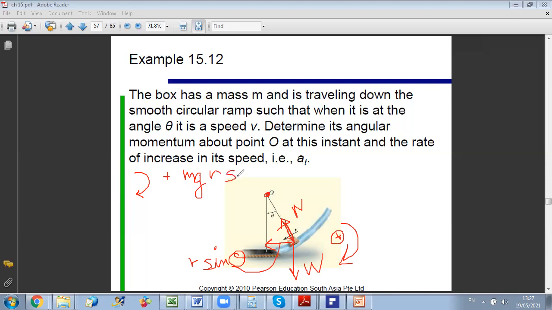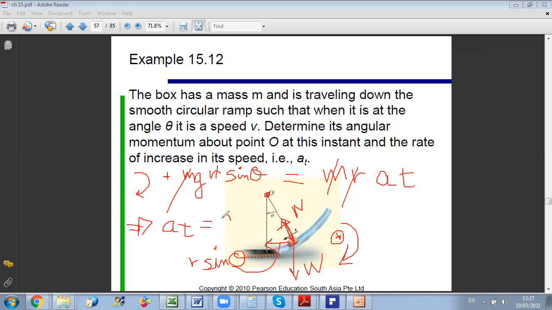This is the moment of the weight about O, and we don't have any other moment since N passes through O. It is equal to the derivative of angular momentum, which is mr times at. As you can see here, m and r will be simplified. So I deduce that at is equal to g sine theta.